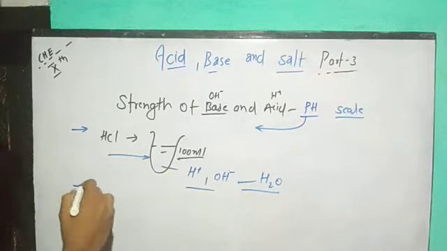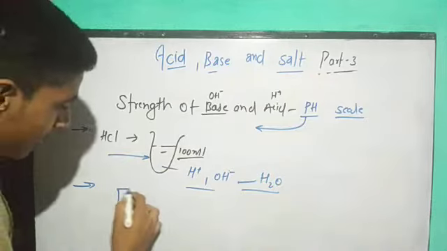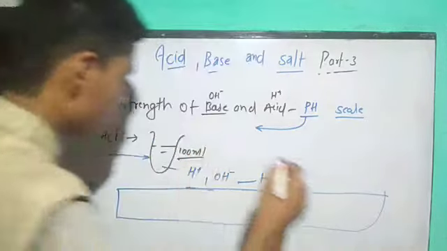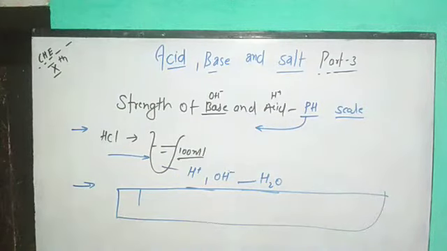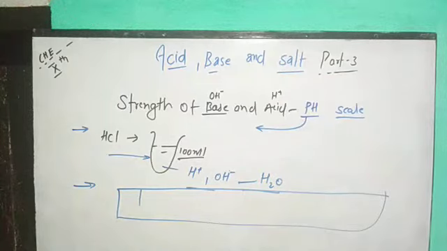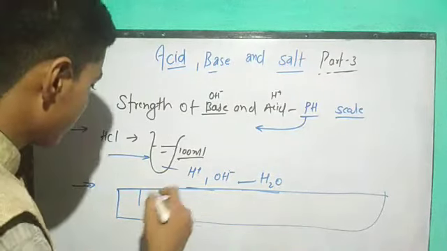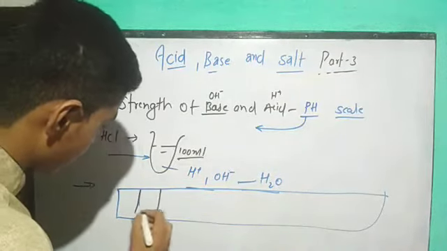Now the main thing is we are going to see their strength on the pH scale. In the case of the pH scale, the value differs from 1 to 14. Every value from 1 to 14 has a different color. Let me tell you, 7 is considered neutral, and the left side of 7 tells about the strength of acid, whereas the right side of 7 tells us about the strength of base.